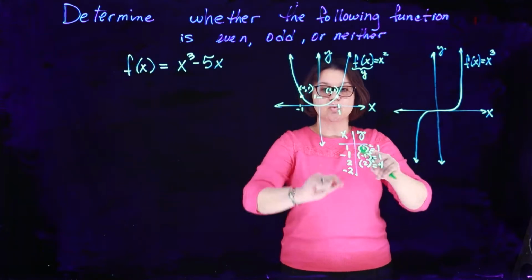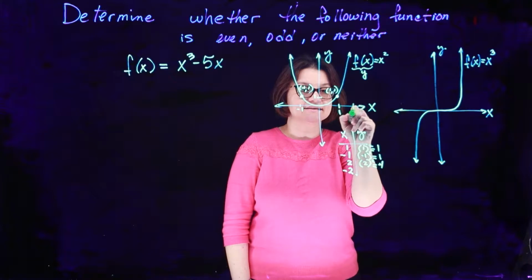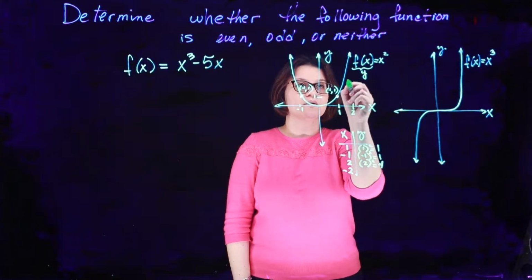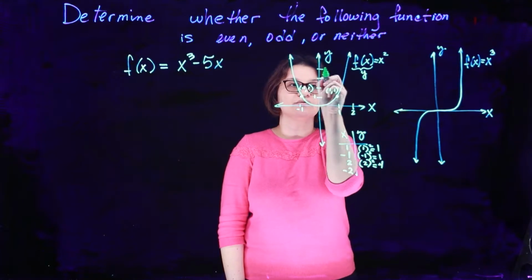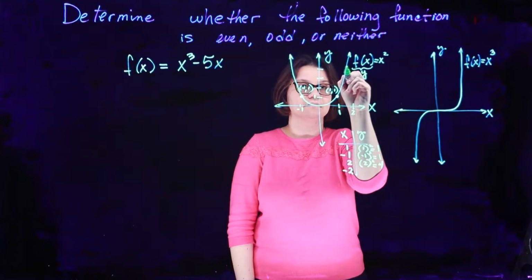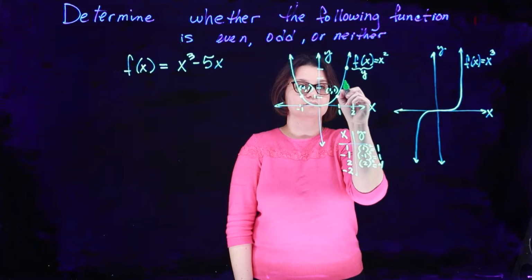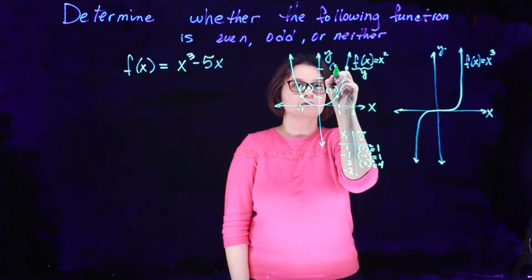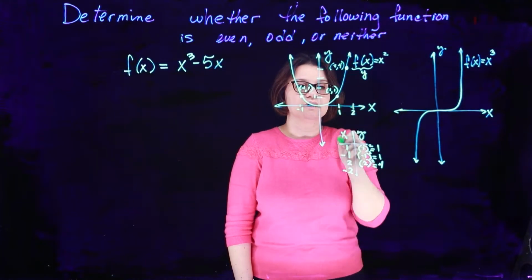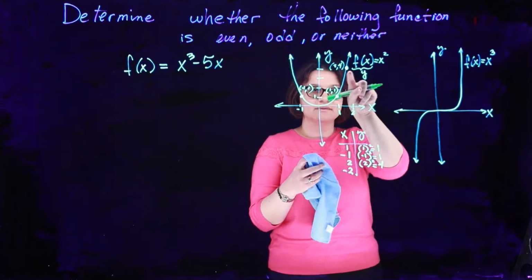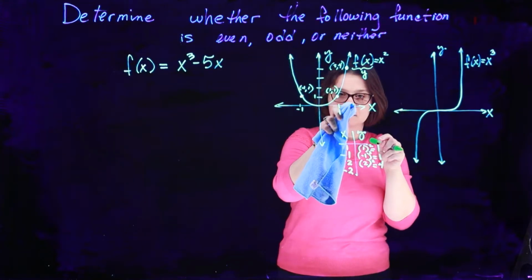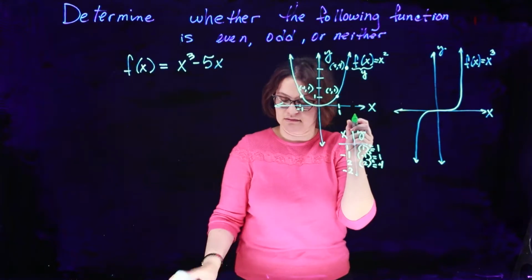When x is 2, y is 4. Let me move this a little bit this way so you can see it, because I think that point is too close.